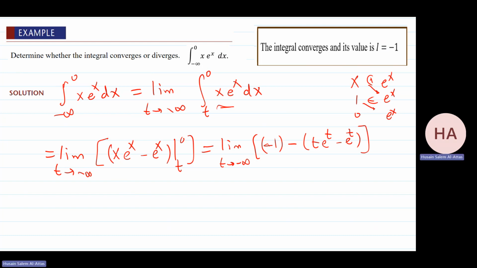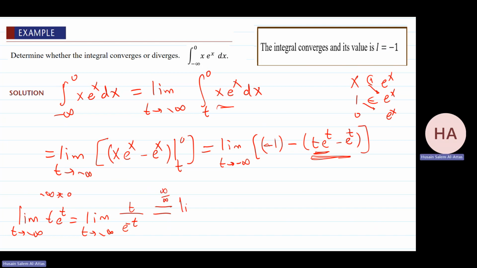Now I need to do this limit, especially this. So let me do it. I think I need to do it as a rule. As t goes to minus infinity, t e to the t. That will be minus infinity times 0. So I need L'Hopital's rule. I will do it easily. As t over e to the minus t, now this will be infinity over infinity.